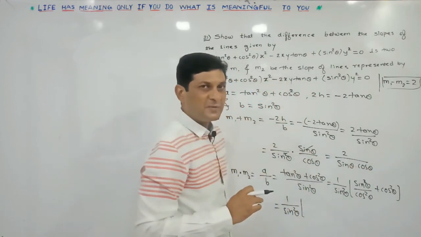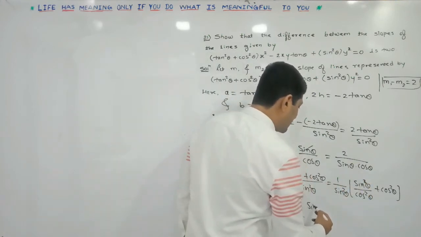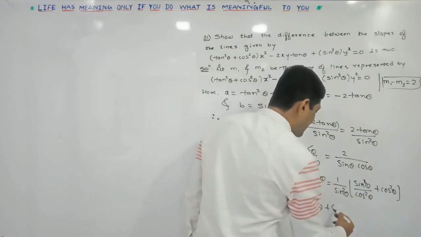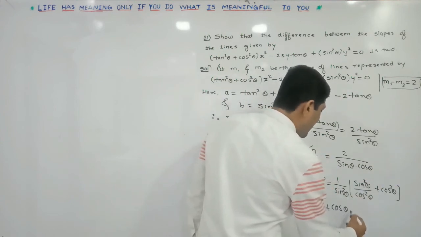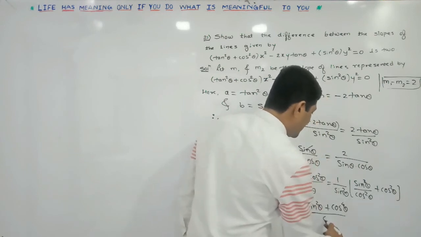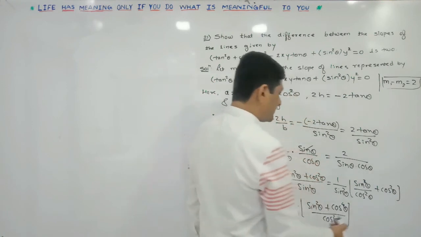In the numerator we get sine square theta plus cos square into cos square, which becomes cos theta raised to power 4, and in the denominator cos square theta into 1 becomes cos square theta.